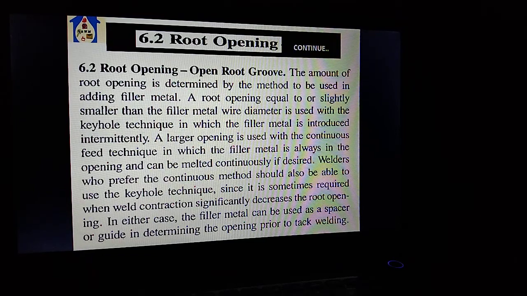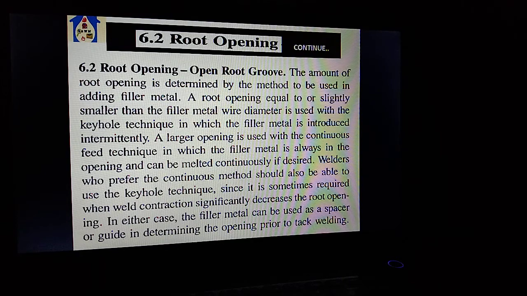A larger opening is used with a continuous feed technique, in which filler metal is melted continuously as desired. Welders who prefer the continuous method should also be able to use the keyhole technique, since it is sometimes required when contraction causes a significant decrease in root opening.